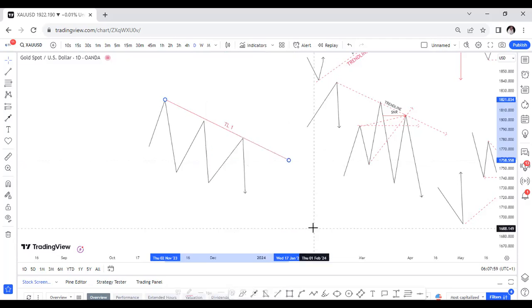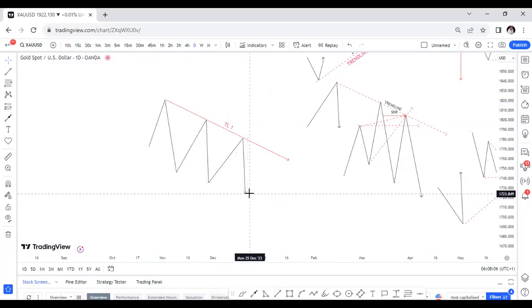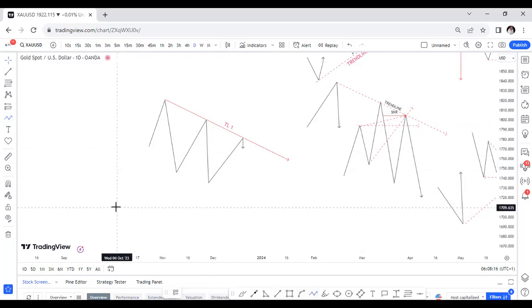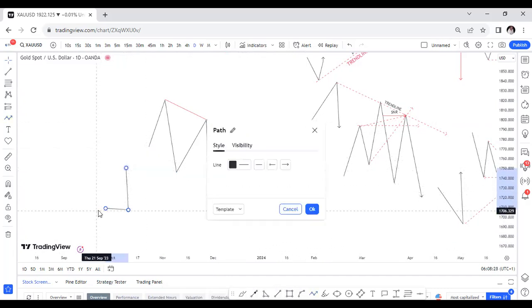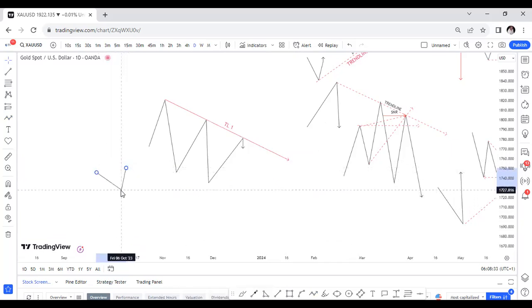Then you have another one coming from the bottom, like this. You can find another one here, right?